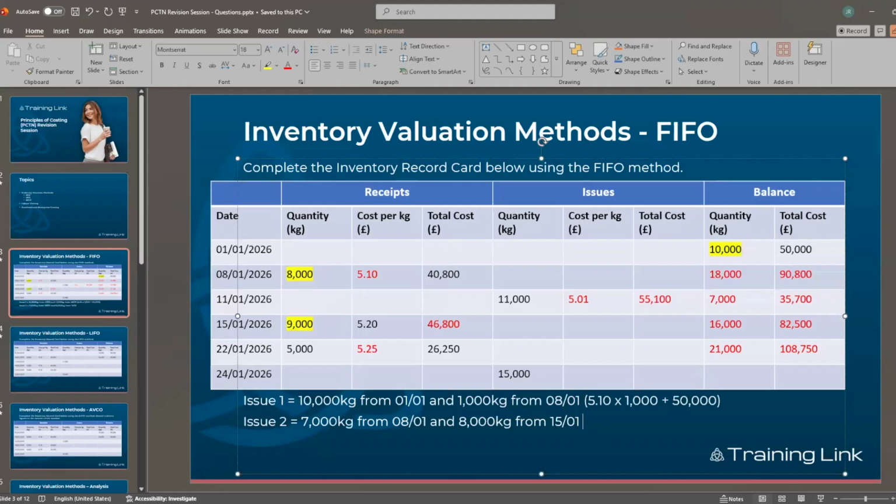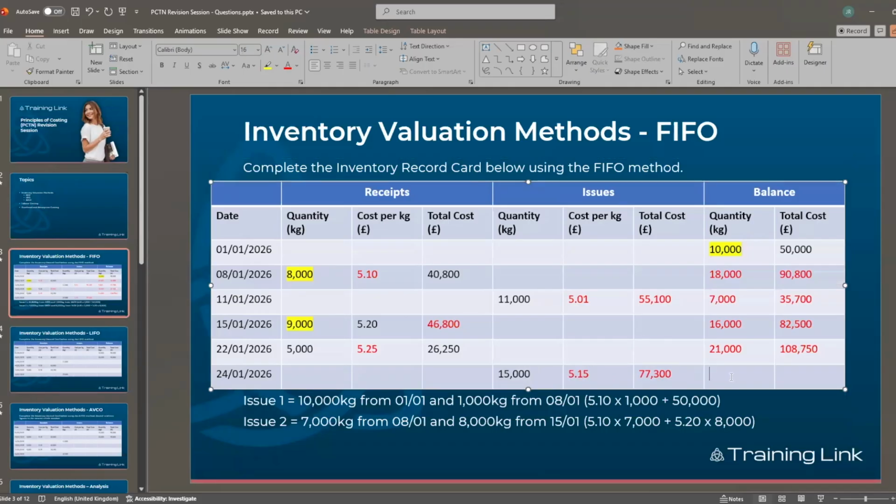If we add those together in a sum, we've got £5.10 times 7,000 plus £5.20 for these ones times 8,000, which should give us a total cost for the issue of 77,300. Then we divide this figure by the quantity of 15,000 to get a cost per kilogram, which should give us £5.15.